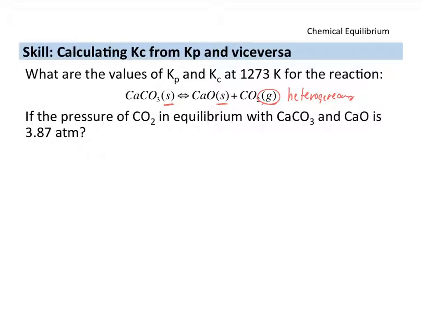In this case, they're giving us information about the equilibrium pressure of carbon dioxide in terms of atmospheres. Therefore, the only information that we have available at equilibrium is the partial pressure of carbon dioxide.